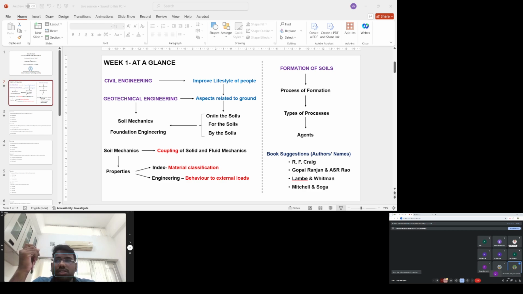In this week, essentially the topics covered were formations of soils, process of formations, how these processes are classified, what are all the different agents that play an important role in the formation of these soils, and what type of soils are formed based on different phenomena that take place in nature.